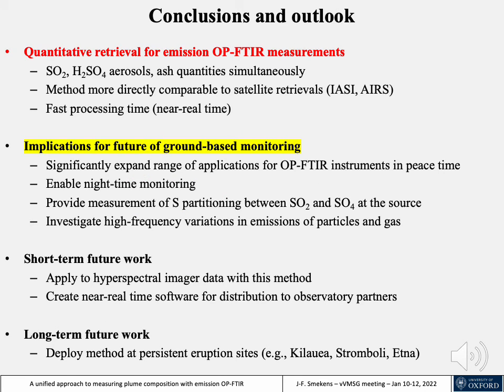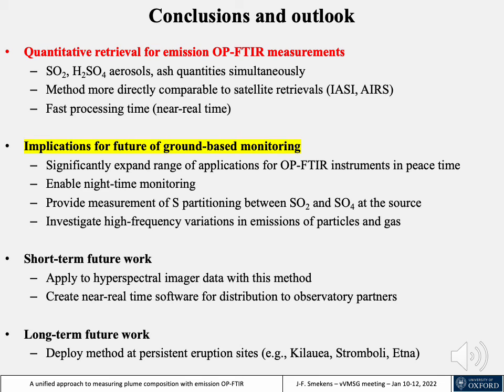I hope that I have convinced you that we have developed a quantitative retrieval for emission open path FTIR measurement. We can retrieve SO2, sulfate, and ash simultaneously and in real time. The implications for the future of ground-based monitoring are, I think, pretty significant in that it expands the range of applications of the instrument, specifically towards passive degassing.